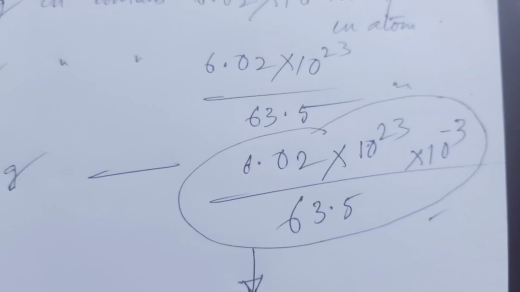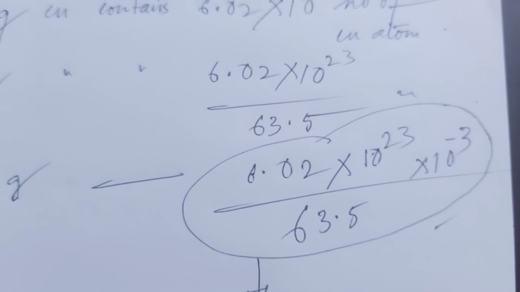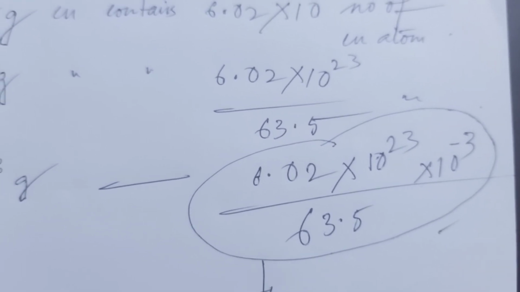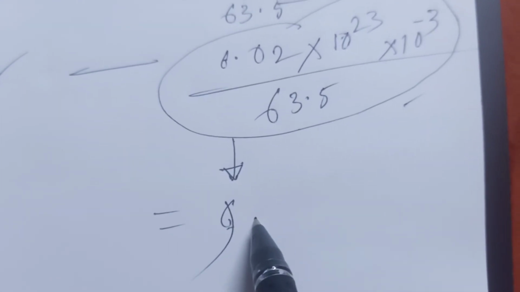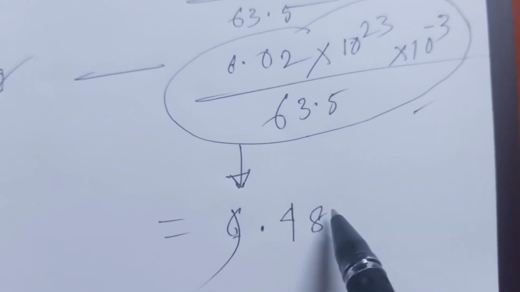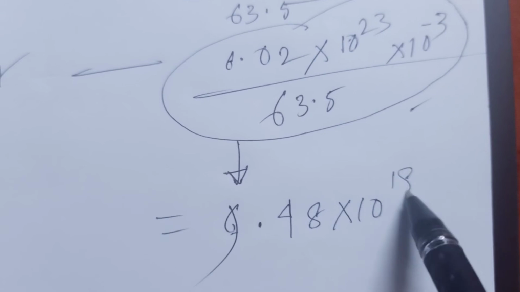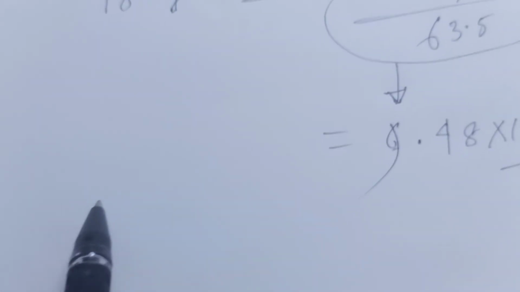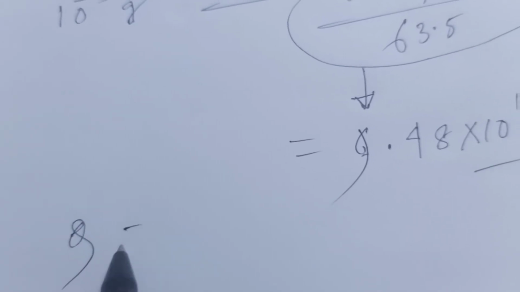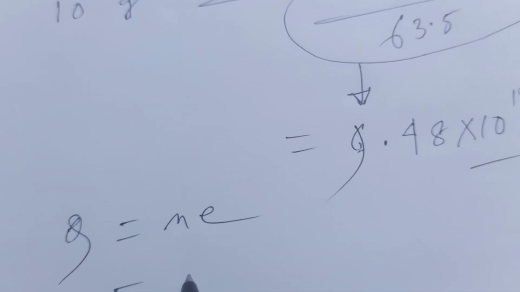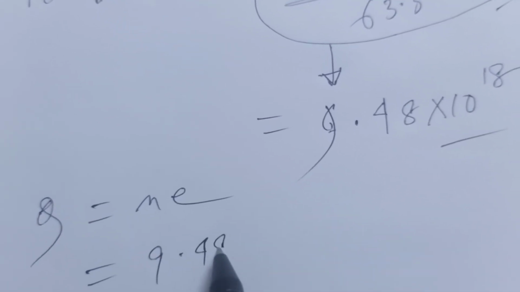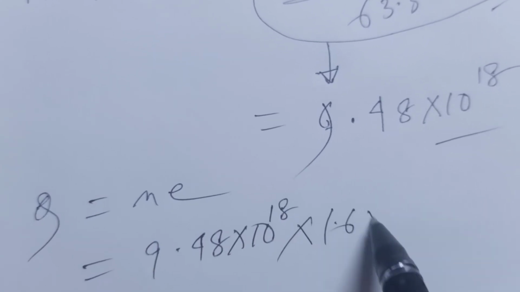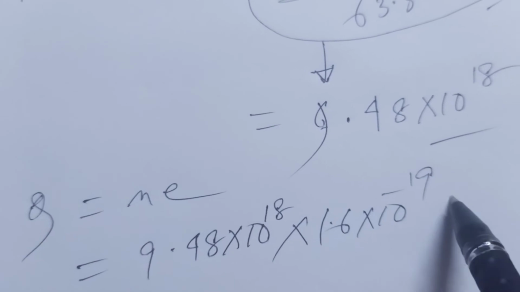So what is the value of this? If you calculate this, then you get 9.48 into 10 to the power 18. And what is the amount of charge? So charge Q equal to N into e. So this is the value of N, 9.48 into 10 to the power 18 into 1.6 into 10 to the power minus 19 coulomb.